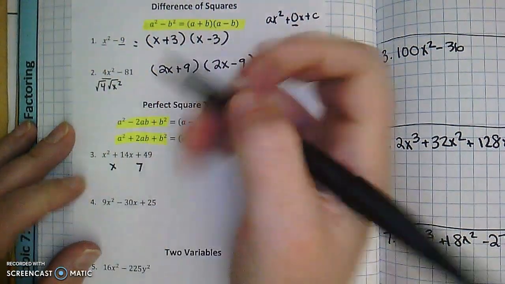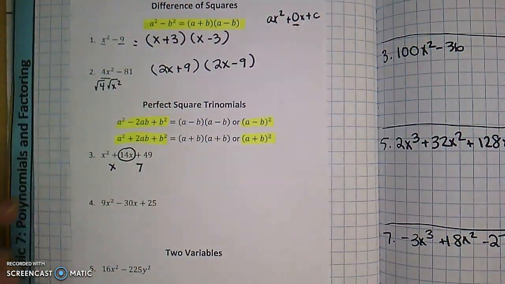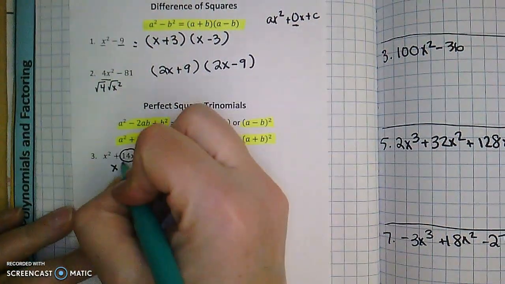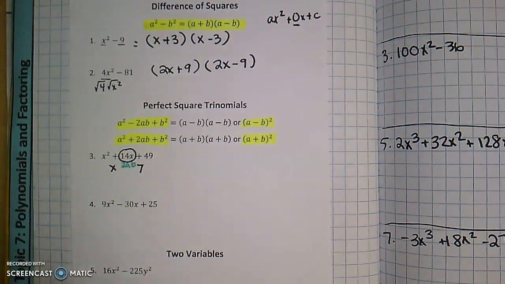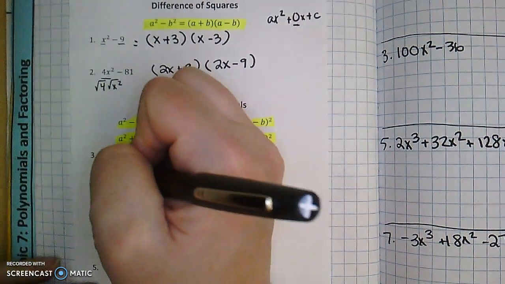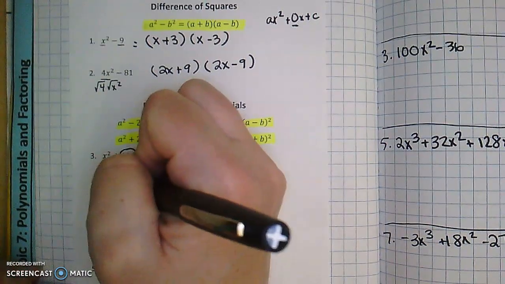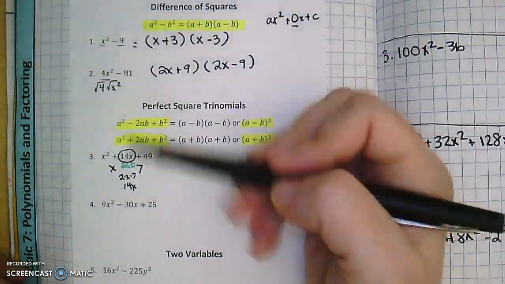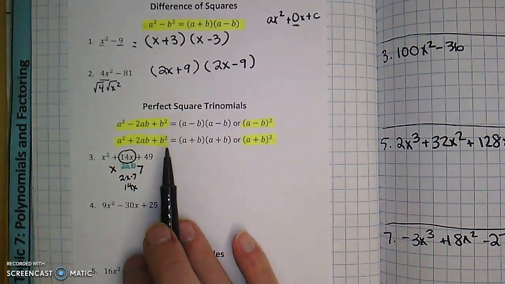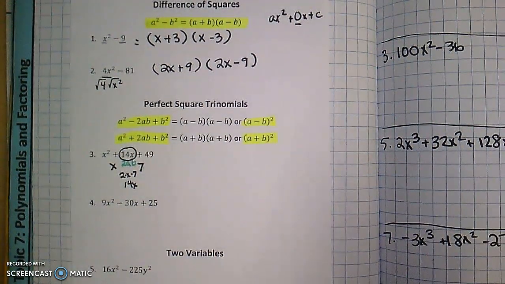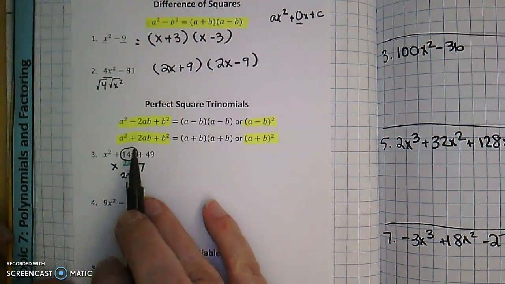And then when I combine these, this middle term should be 2 times the first term times the last term. In that case, it would be 2 times x times 7, or 14x. So since that is indeed 2ab, we know that this is a perfect square trinomial. Now that I've identified it as a perfect square trinomial, I can simplify it real easily.